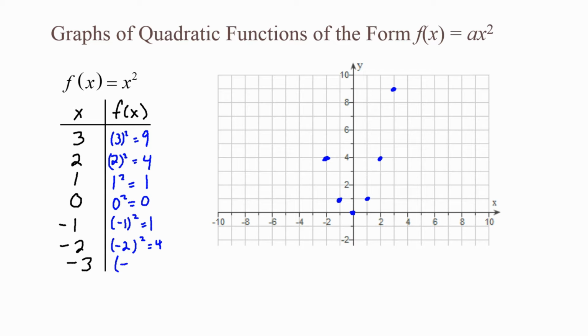Then I have -3 squared, which is 9, which is symmetric to the ordered pair (3, 9). (0, 0) is my vertex. And now I have my parabola. This is the basic form for all of our parabolas.